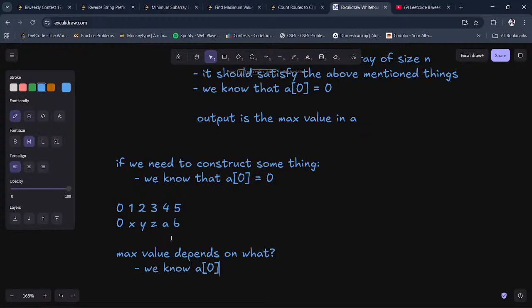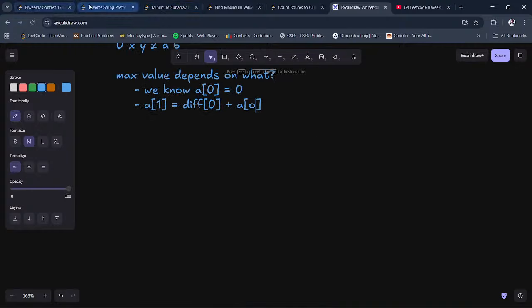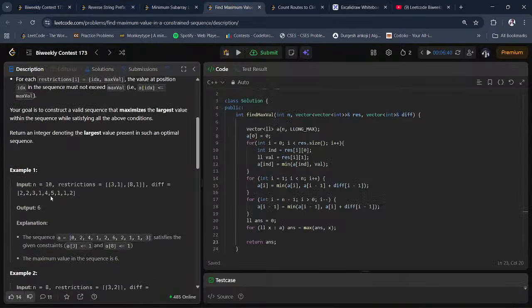we know a of 0 is 0, right? a of 1 should be difference of 0 plus a of 0. Why do I say this? Because let me go through an example that would help me better.